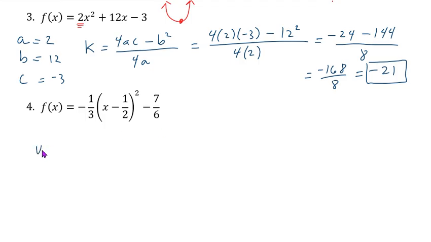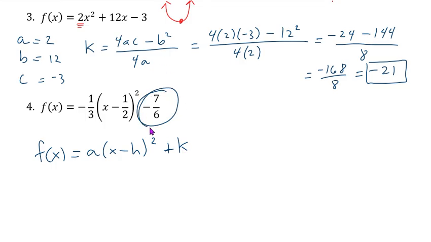Take note, the vertex form is f of x equals a times x minus h squared plus k. So this one is already the value of k.